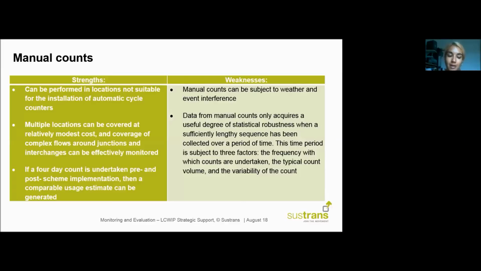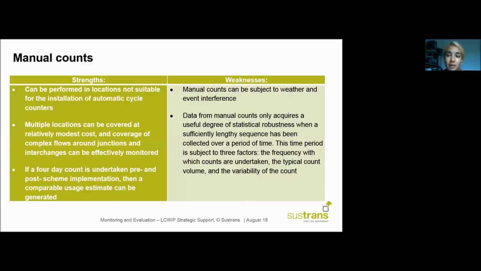So carrying out a manual count on one day, for example, would not be considered sufficient as an indication of usage. A minimum of 4 days is recommended to capture a sample from across the week, as this provides an understanding of variation in usage across the week, which can then be extrapolated across the year.